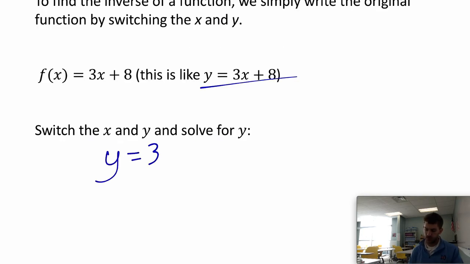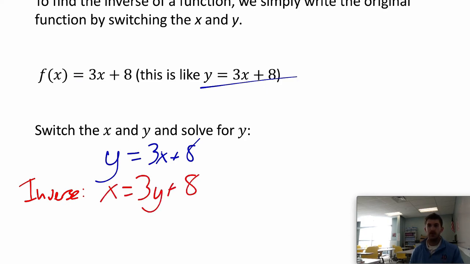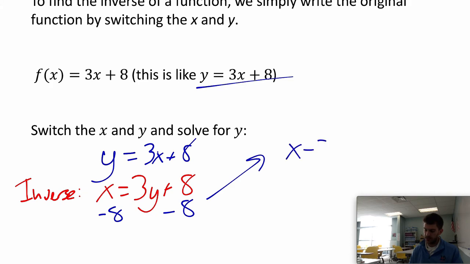So I'm just going to rewrite this, y equals 3x plus 8, and then the inverse is going to be x equals 3y plus 8. Now, because we want it to be something that we can graph and show on our calculator or on a graph, we're going to start solving this for y. I'm going to subtract 8 from both sides, and we have x minus 8 equals 3y.